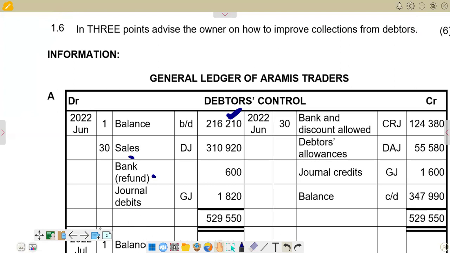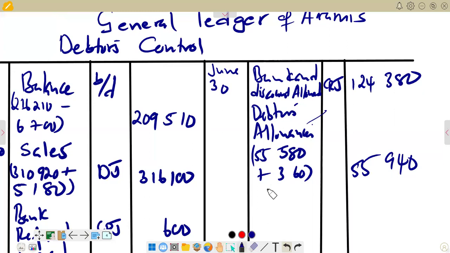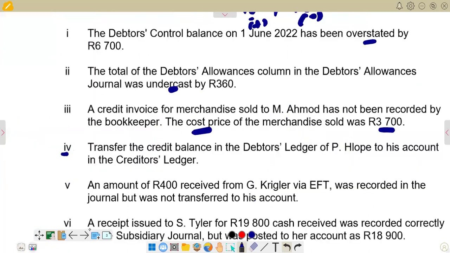So we go to the other section. Now we are saying journal credits, $1,600. And then this is what we have. And we can go back to check if we've got any other item in the question.